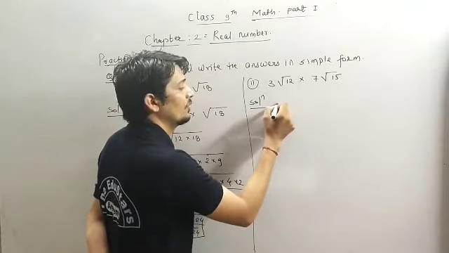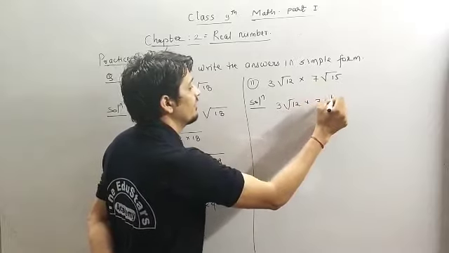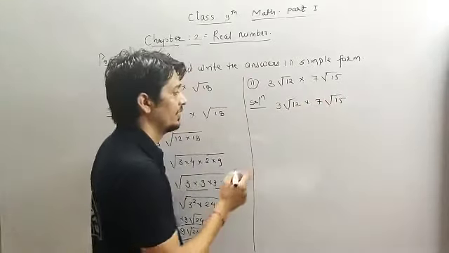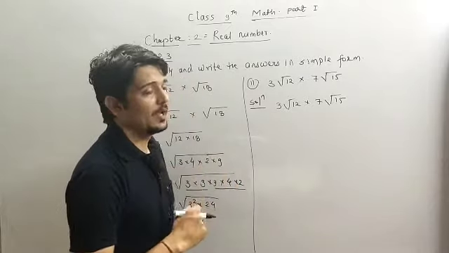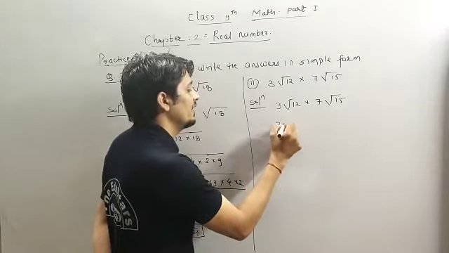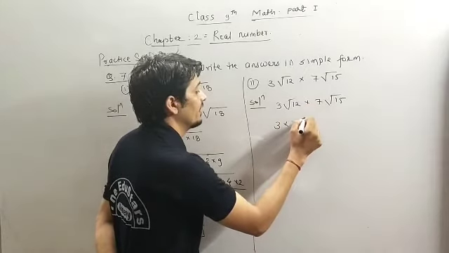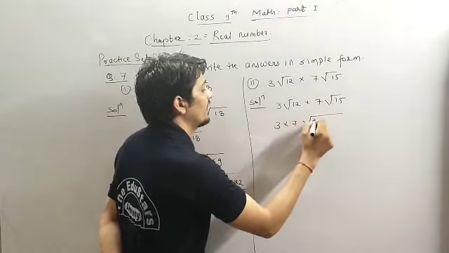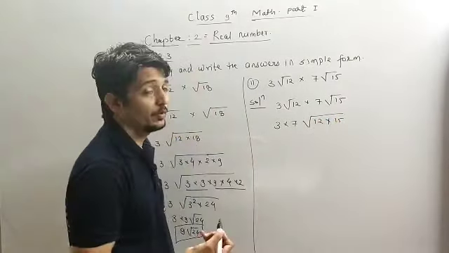We have to write first 3 root 12 into 7 root 15. Now their power is the same, so both surds will multiply. So 3 into 7, and inside the root we can write 12 into 15.